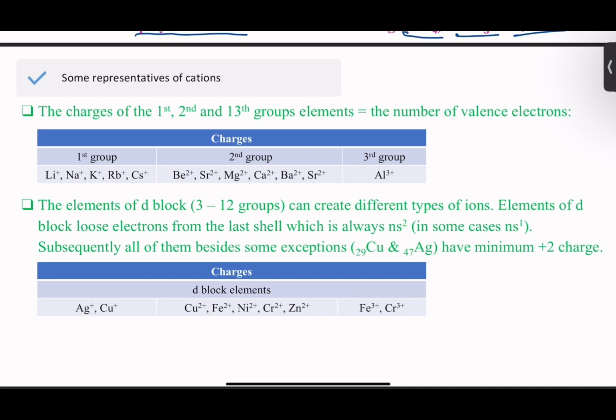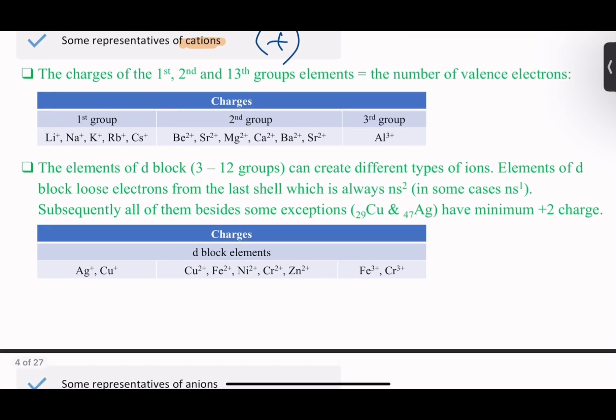Now we're going to go through some of the cations. We know that a cation is a positively charged ion. The first group elements always have 1 electron in the last shell. They lose that electron, and that's why they become +1 charged. They have a valency of 1.